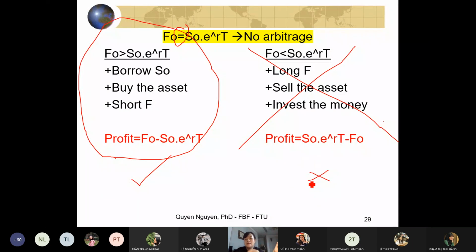Obviously, Đức Anh is correct in saying that consumption assets are held by investors for the purpose of consumption. So after all, the trader will have to use the asset at some certain point of time. But persuade me with a more reasonable reason.